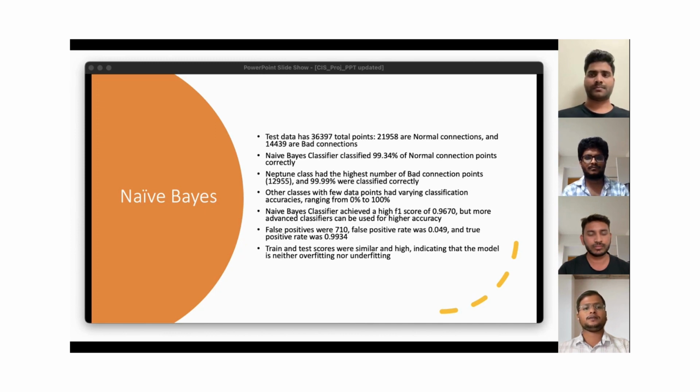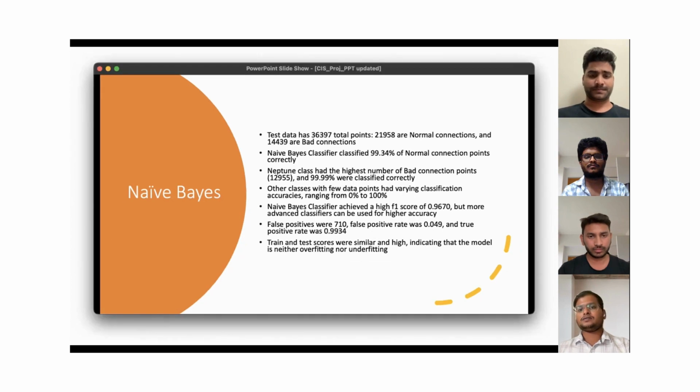Despite this simplification, naive Bayes can still perform well in many real-world applications. In a classification problem, the goal is to predict the class of a given input based on its features. Naive Bayes works by calculating the probability of each class given the features of the input. The class with the highest probability is then chosen as the predicted class.